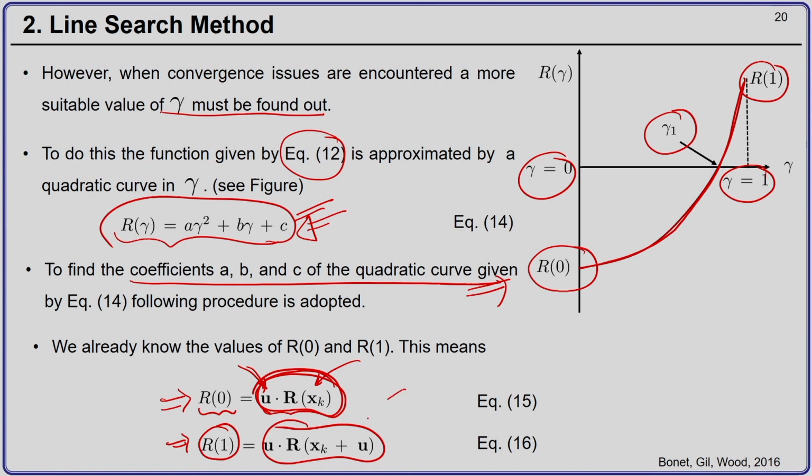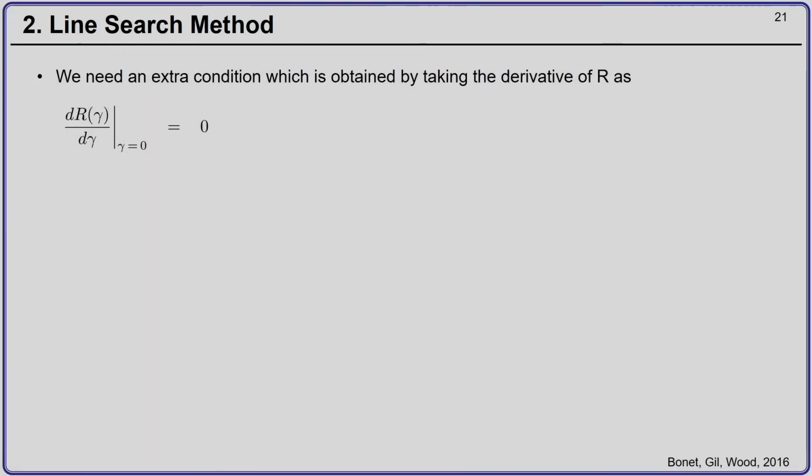Now, we know R 0 and R 1, two known conditions, but because this is a quadratic equation with three unknowns A, B, C, we need one more condition, which is obtained by taking the derivative of function R with respect to gamma and then setting gamma equal to 0.